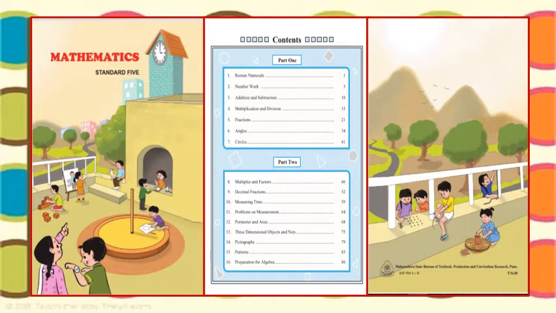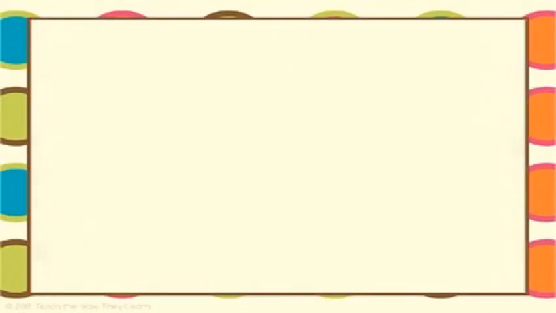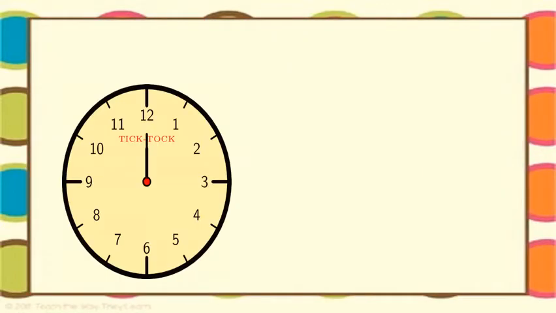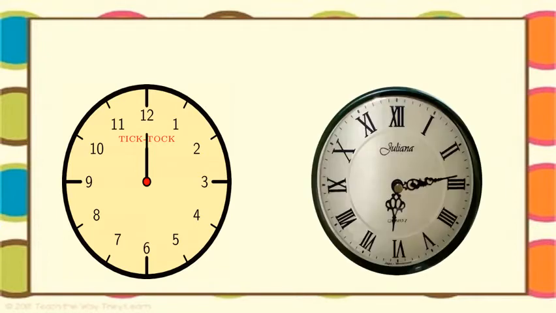Okay, now we will move to the lesson, that is Roman numerals. Before that, please see the pictures. Yes students, here we can see 2 wall clocks. Each has numbers 1 to 12.